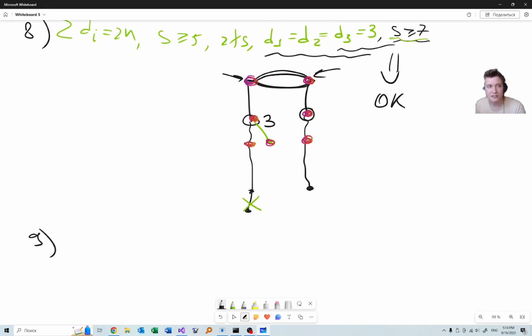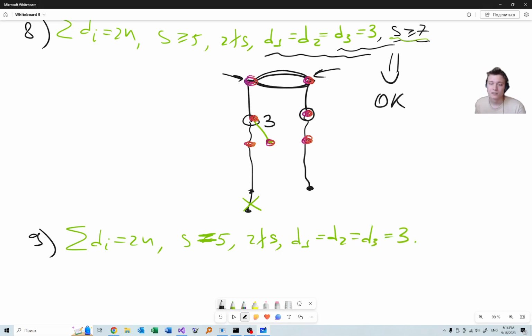Now if we rewrite it, we have the following. Sum of di equals n, S is at least 5, 2 does not divide S. Now S is equal to 5, because the case of S being at least 7 is already considered. And finally d1 equals d2 equals d3 equals 3. Now we will consider the case d5 equals 3.